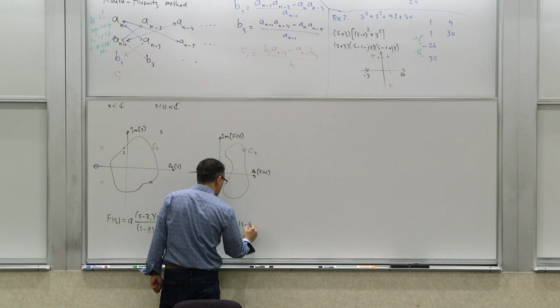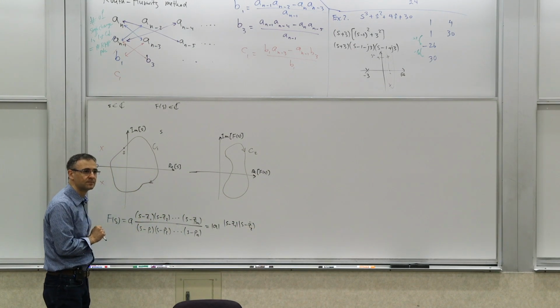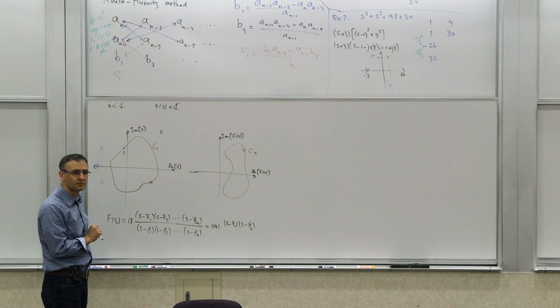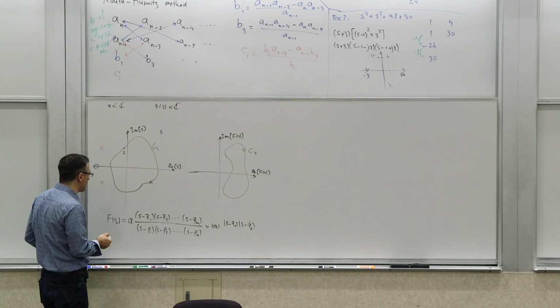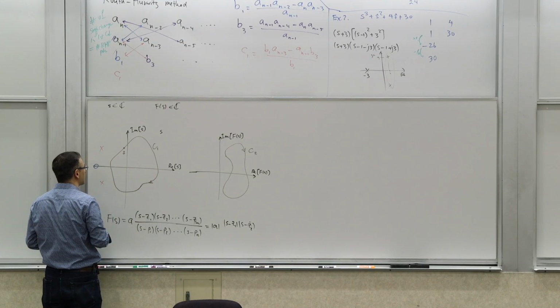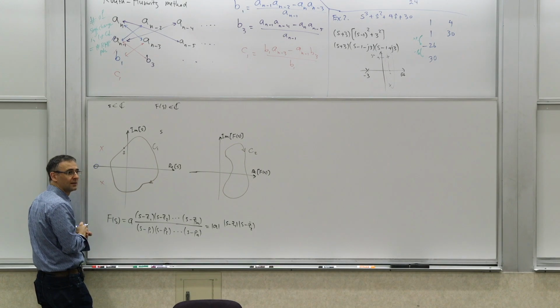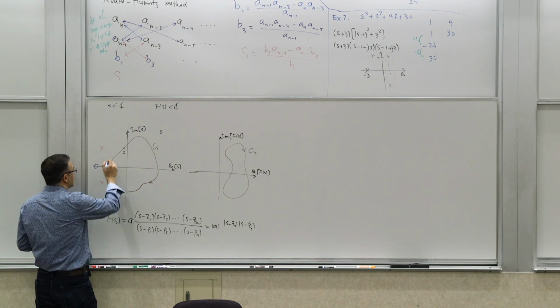Because if you think about it, these individual components are vectors, right? Let's say this is z1, and this is s, for the sake of argument. Where is the vector s minus z1? It's this vector, right?